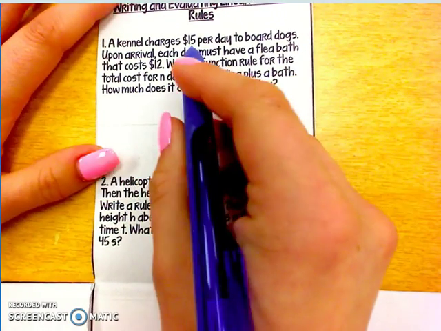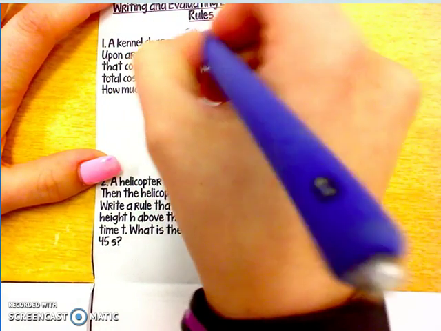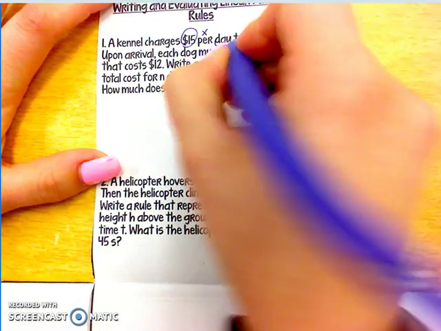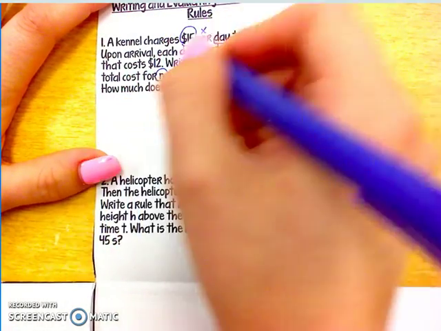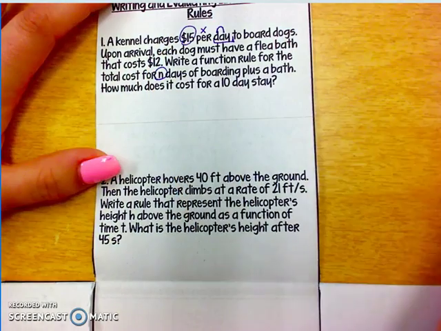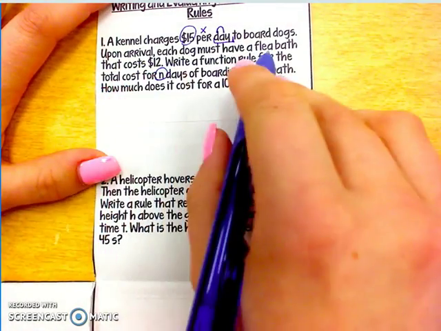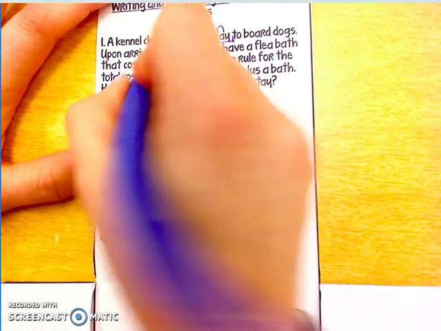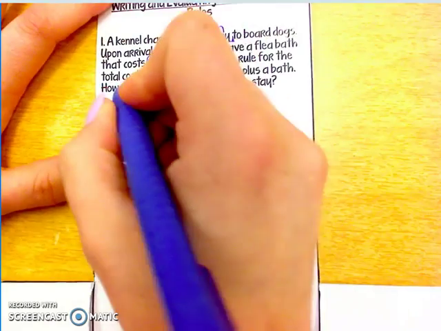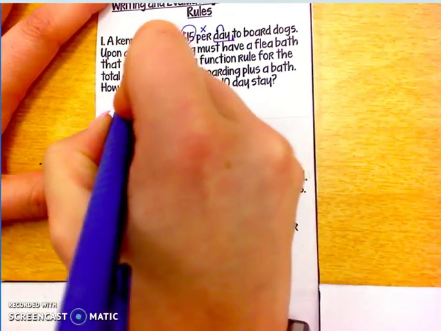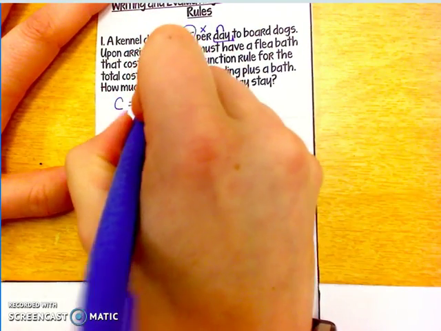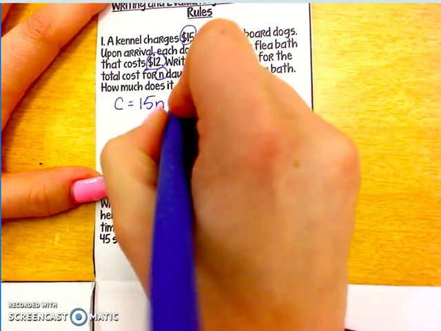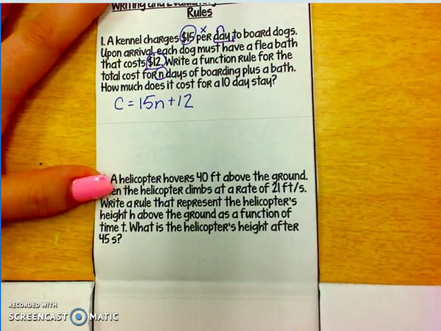Okay, so we have this $15 per day times however many days, and we're calling N days the variable, so 15N. And then they also have to have a $12 flea bath. So the cost is going to be the $15 per day, 15N, plus the $12 bath.